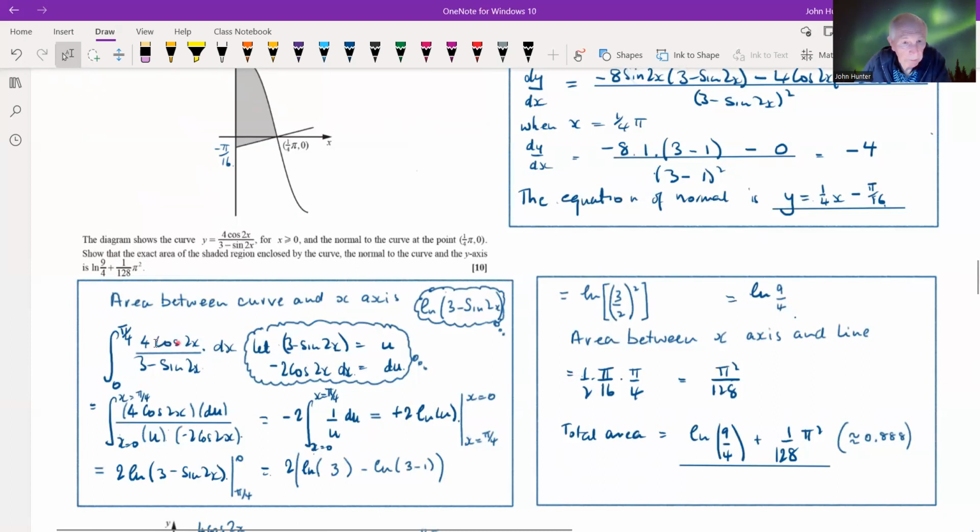But we spotted that was the derivative of the inner function. And we've worked that through, and lo and behold, we've got the answer. So hopefully that's been useful and interesting. And thanks for listening.